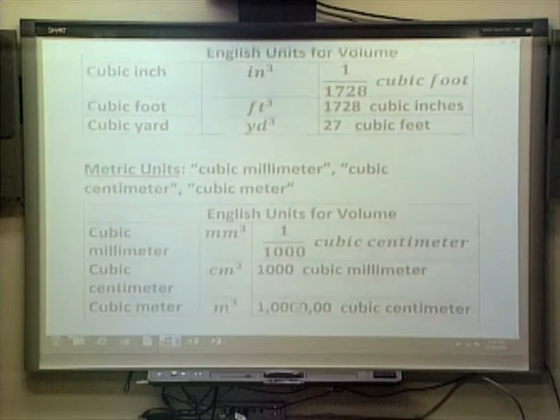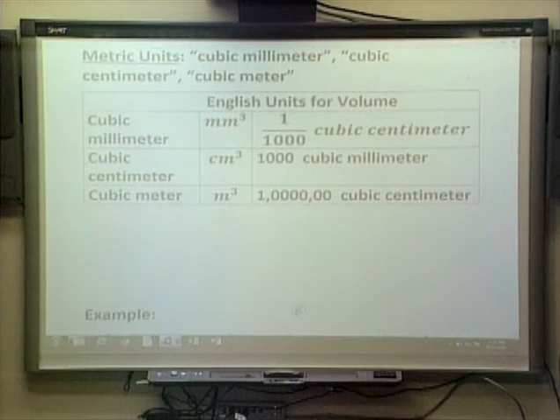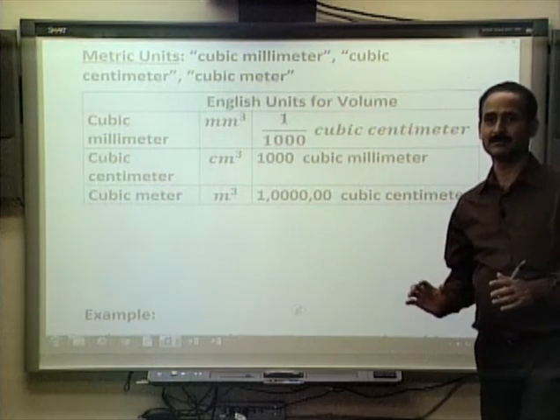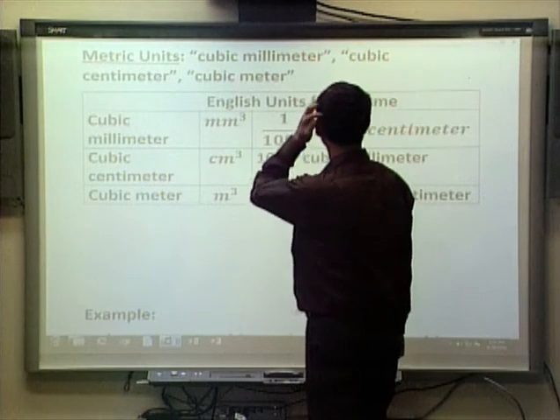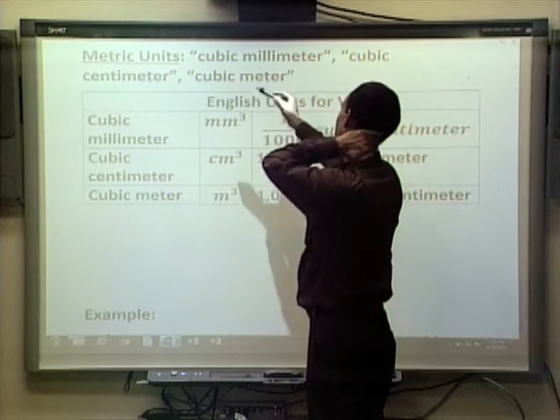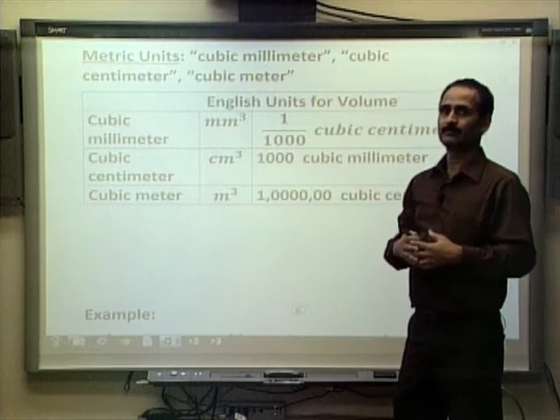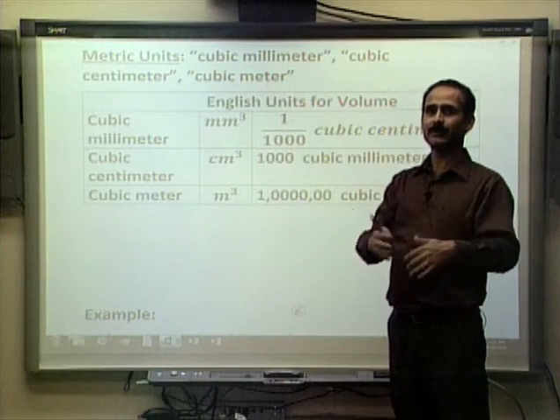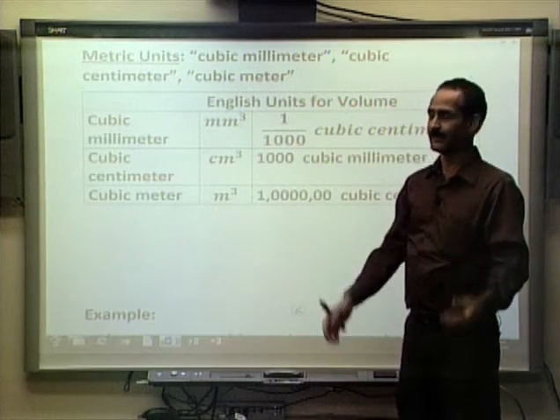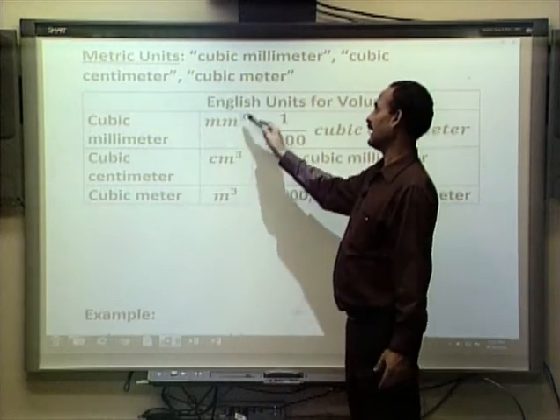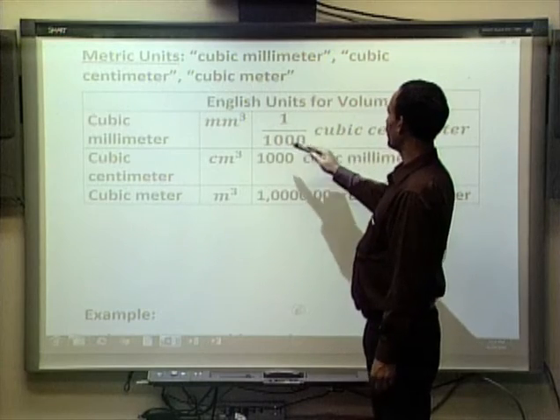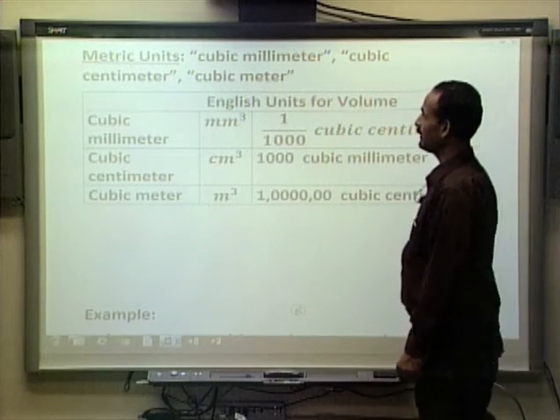The English system is always complicated, so I want to talk about the metric system. In the metric system, the basic unit of volume is cubic length: cubic meter, cubic millimeter, cubic centimeter. Cubic millimeter, written as mm cubed, is 1 over 1000 cubic centimeter.